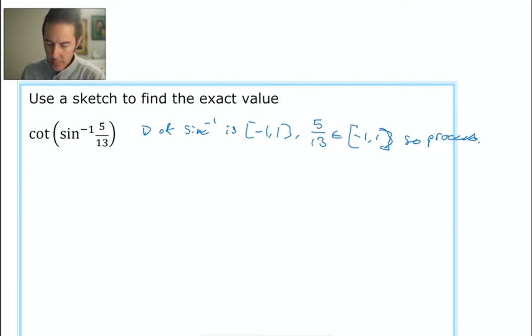And what am I going to proceed to? Well, now I'm going to contemplate the range of the inverse sine function. The range of the inverse sine function is the domain of the restricted sine function, which is just that pink highlighted part of the original sine graph that horizontally goes from -pi/2 to +pi/2.